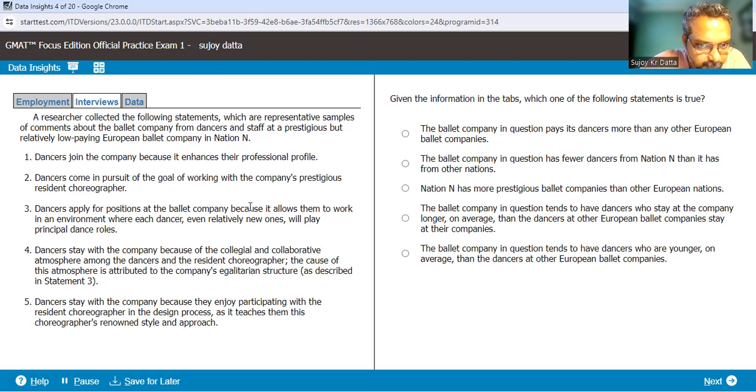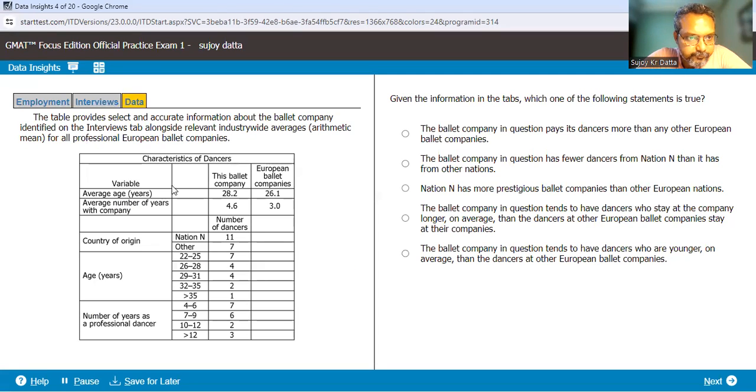Dancers have the position because it allows them to work in a role and will pay principal roles. Dancers stay with the company because of the atmosphere, because they enjoy participating and its style and approach. The table will select accurate information of the ballet company and the attributes of dancers, variables used by the company.